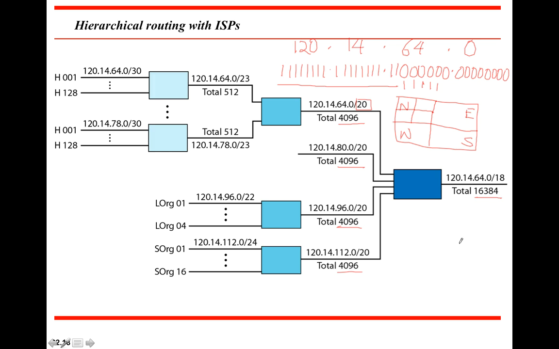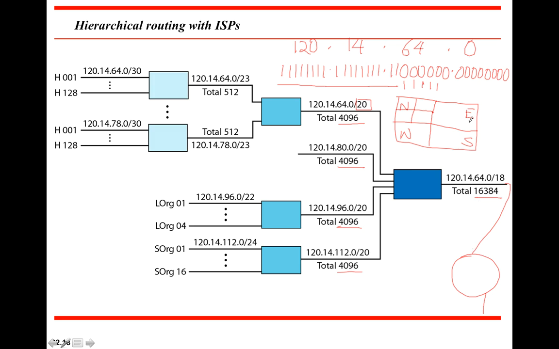Okay, so if we have a gateway router here, the main gateway router, and when this router is connected to, let's say, the network in this way, any traffic that comes in for these 16,384 hosts, this router will have only one entry in its routing table.